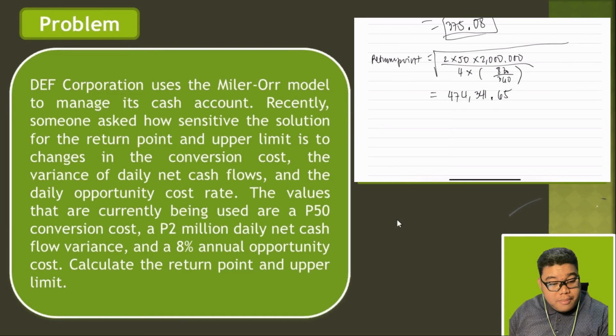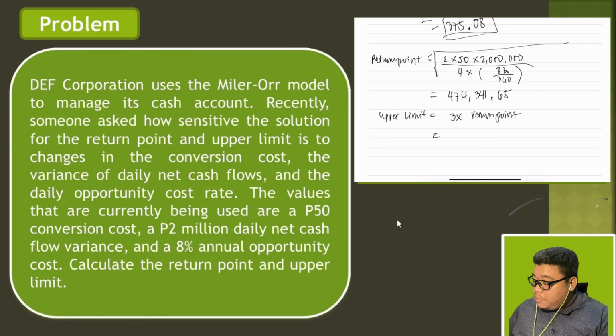And the upper limit, how do we compute for the upper limit? That is 3 times the return point. So for the upper limit, we just multiply this amount by 3. Then you would have 1,423,024.